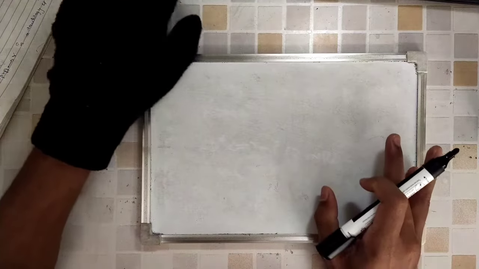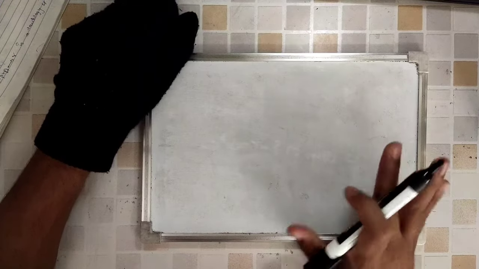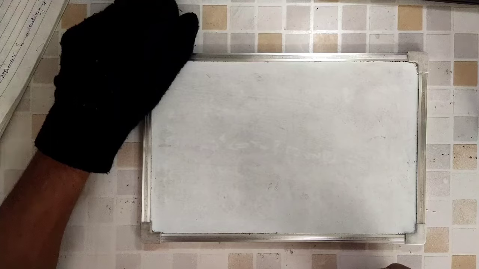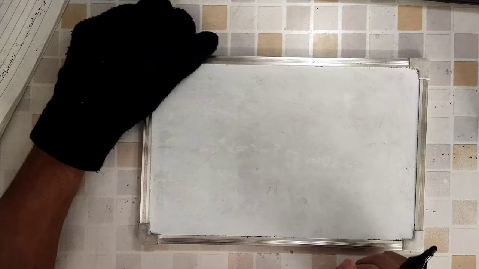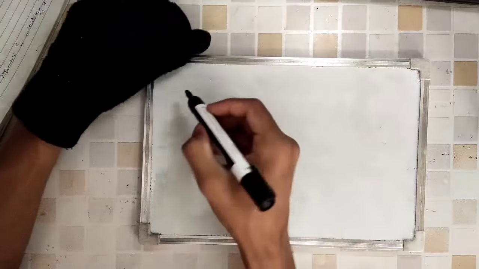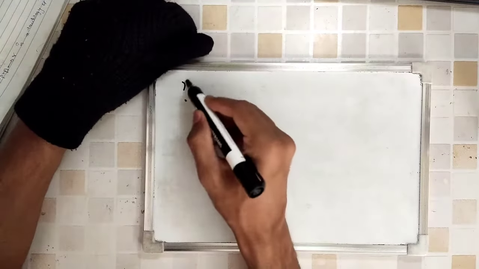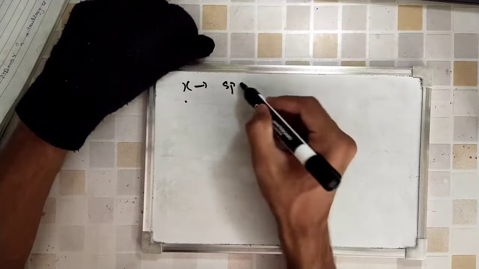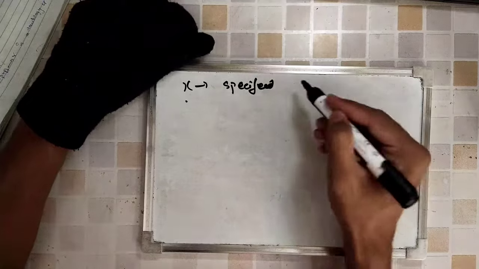Now they have given a problem. This was one of the problems I think which we have already solved, but let us still see. We have a problem here. They have said let x be a specified number.